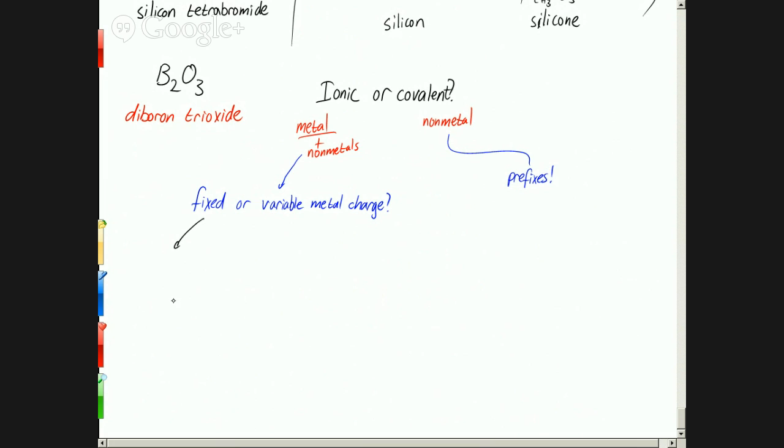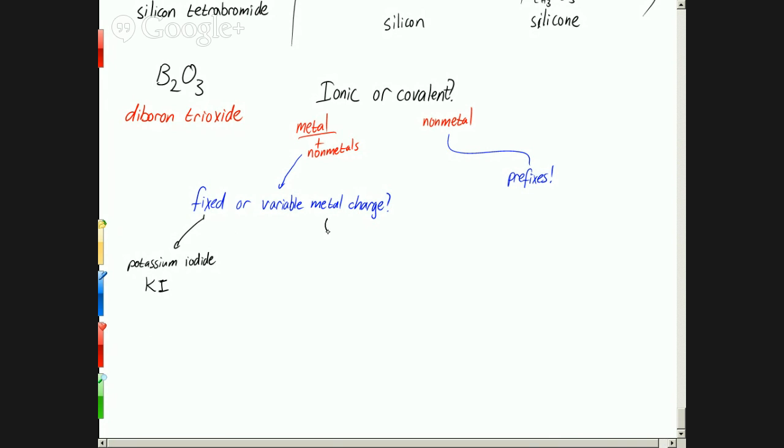If it's fixed, it's without the parentheses. If we know the charge, it's without the parentheses. So that's going to be something like potassium iodide, right? KI. We know K has to be +1 paired with the I, so it's potassium iodide.